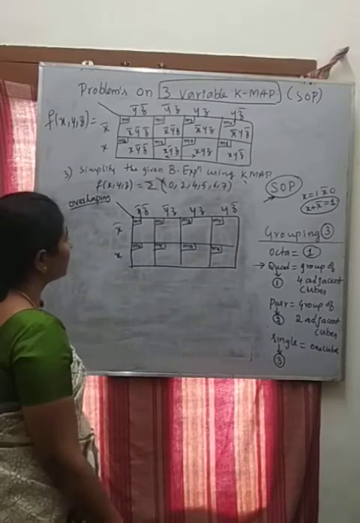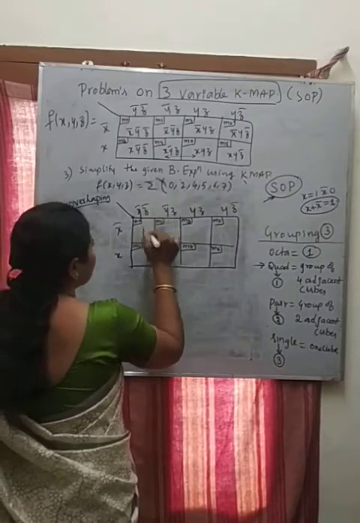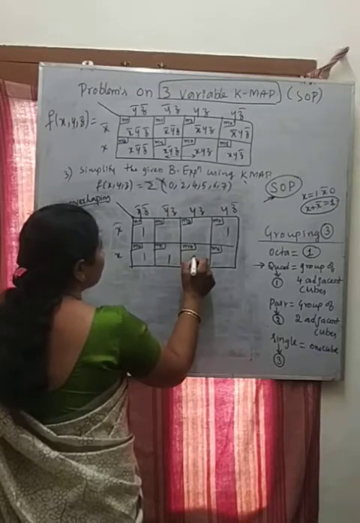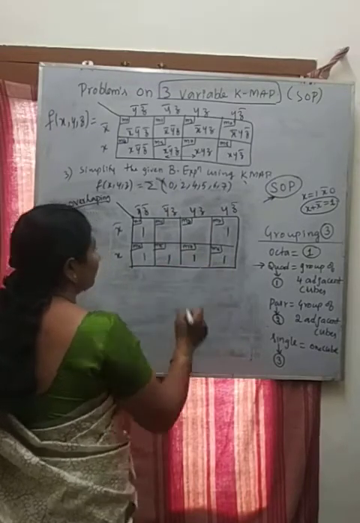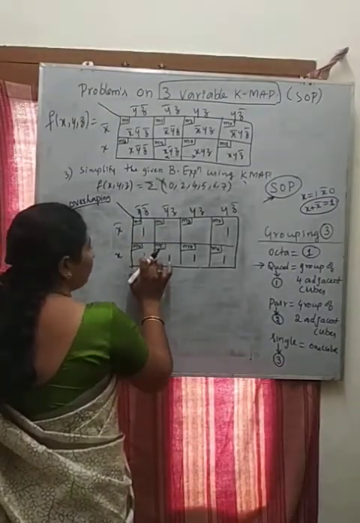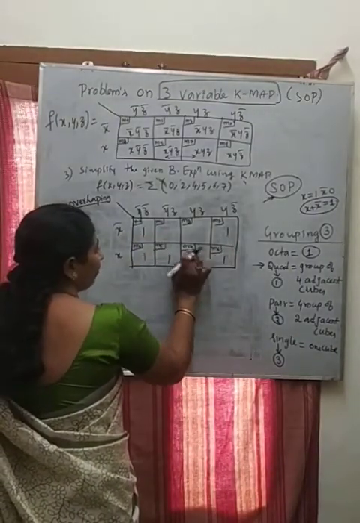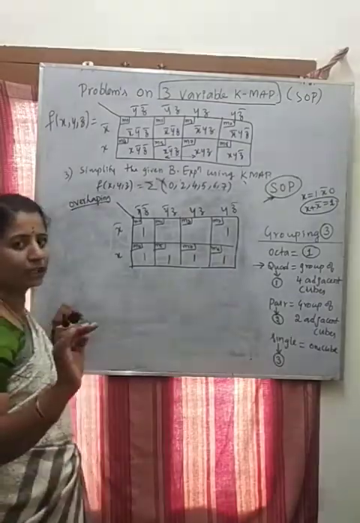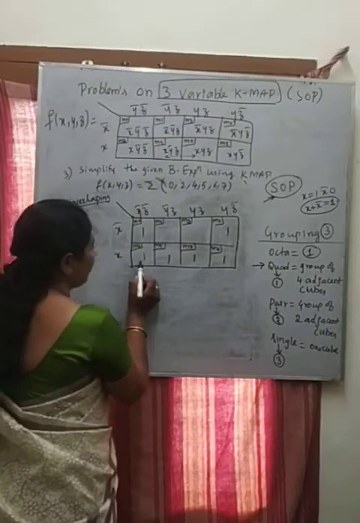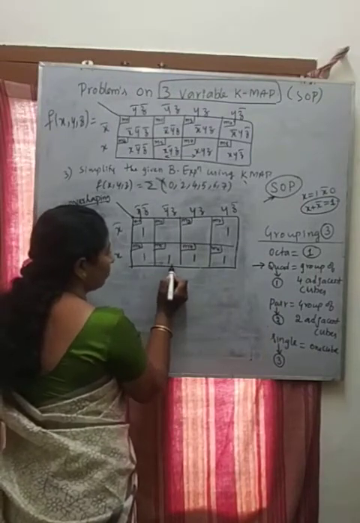What are the things present here? M0 present, M2 present, M4 present, M5 present, M6 present, M7 present. See here. Pair, pair, pair. Don't do like that. Go for quad because M4 is adjacent to M5.